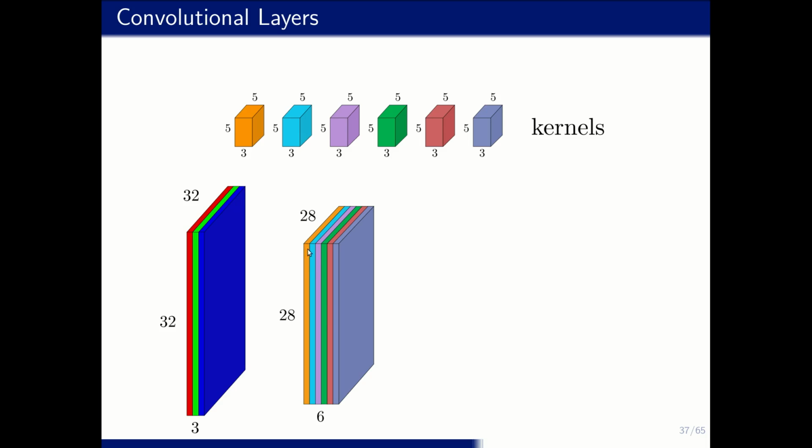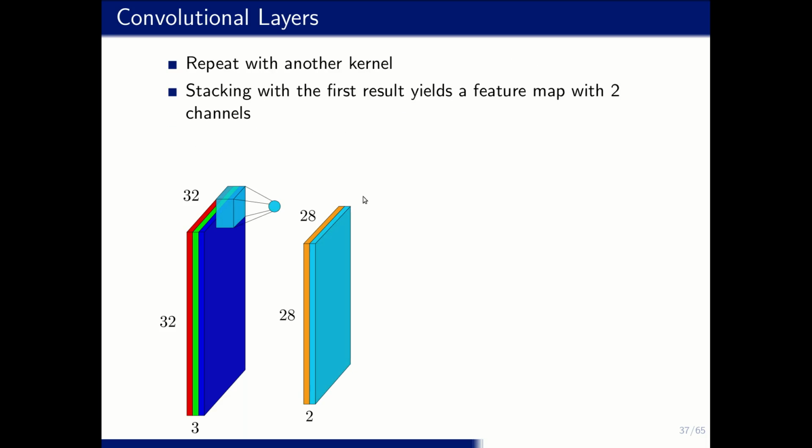Each of these channels here was produced with one of these kernels. The color here corresponds to these different channels, and each of these kernels was 5 times 5 times 3. We also had these bias terms. To each of these feature maps, we added a bias. So let's just quickly go back.